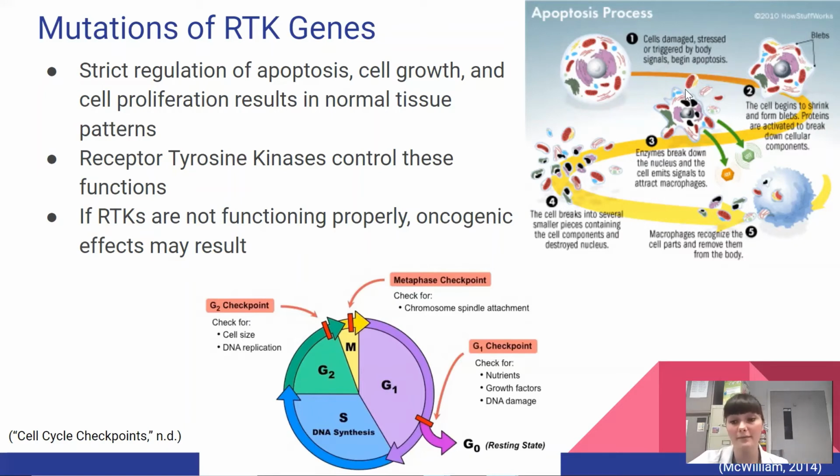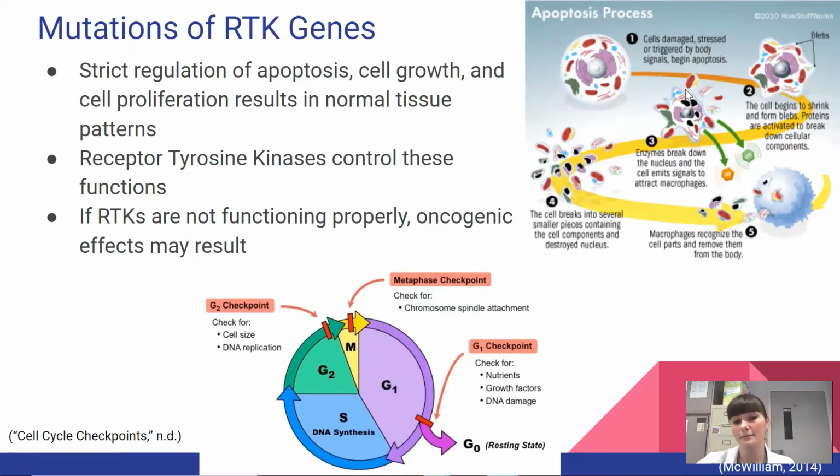However, when they are not functioning normally, then sometimes we get cancer or precancerous cells. Receptor tyrosine kinases largely control those functions. They control cell growth and proliferation and sometimes apoptosis as well. And so if those RTKs are not functioning properly, oncogenic effects may result and then slowly result in cancer.